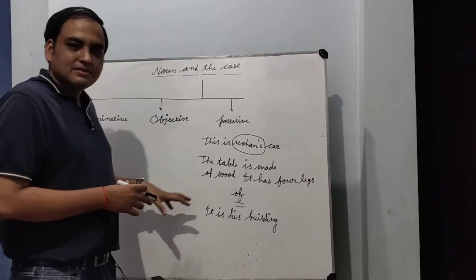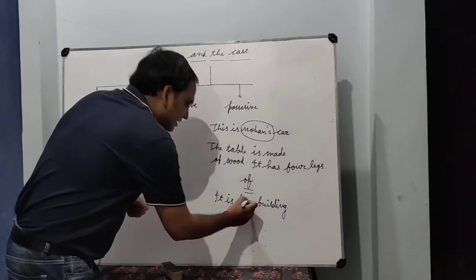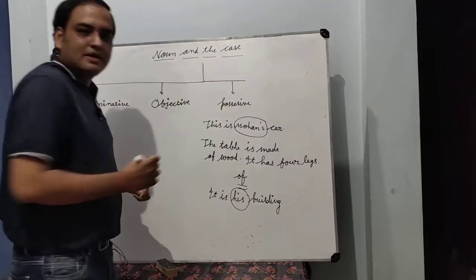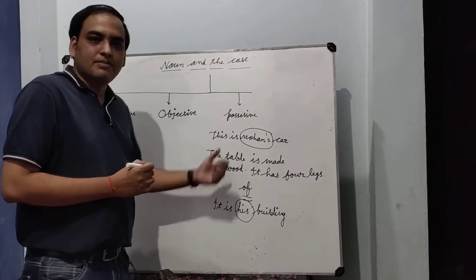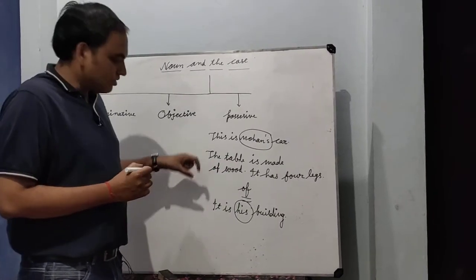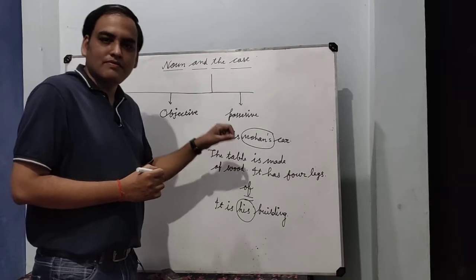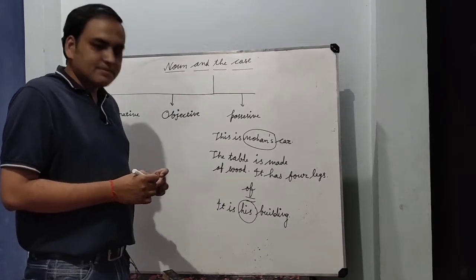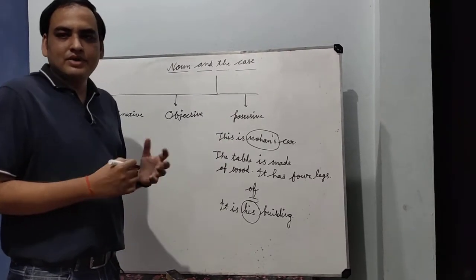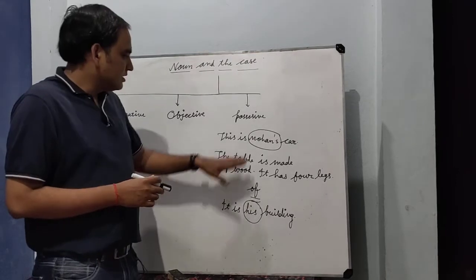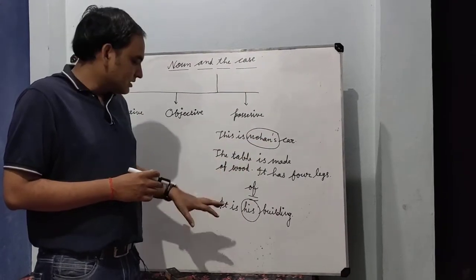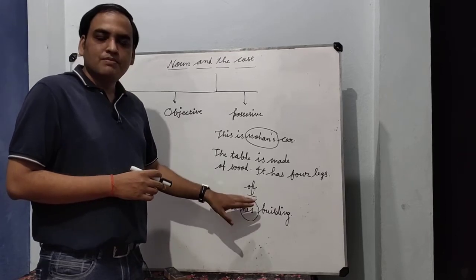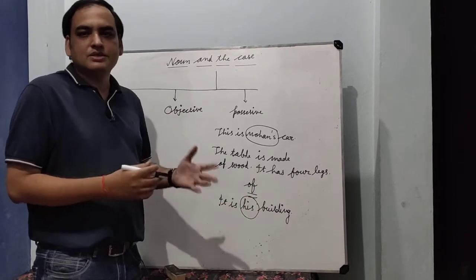The particular name is not mentioned here, but the word his appears here. This is a possessive adjective. This also shows the possession, or this is also used in possessive case of noun. So there are basically three ways by which we can make possessive noun. First is using apostrophe, second is using of, and third is using possessive adjective or possessive pronoun.